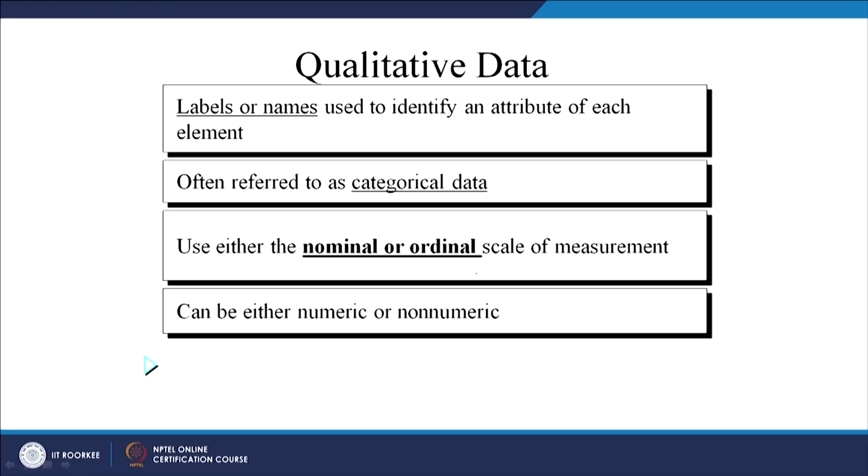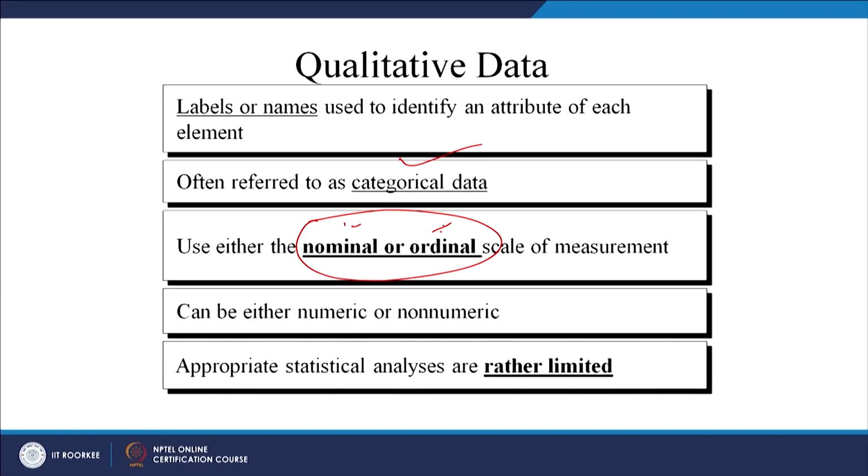This is also referred to as categorical scale or non-metric scale. So, use either nominal or ordinal scale, as I have already said. Of course, you can convert nominal and ordinal scale into some numbers, right. Some numbers can be given to these two scales. As I said, the statistical analysis are limited in case of qualitative data.